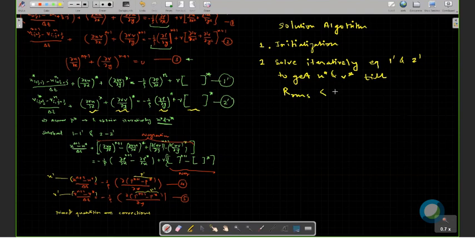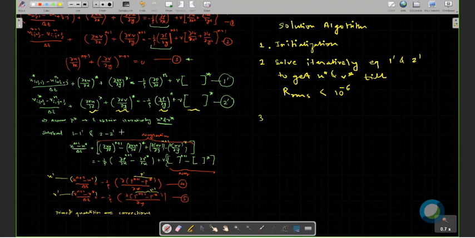Some number means maybe 10 to the power minus 6. Unless this residual RMS goes to 0, meaning 10 to the power minus 6, you have to keep solving. When you get the RMS to this value, then u star and v star will be the proper solution of this iteration.